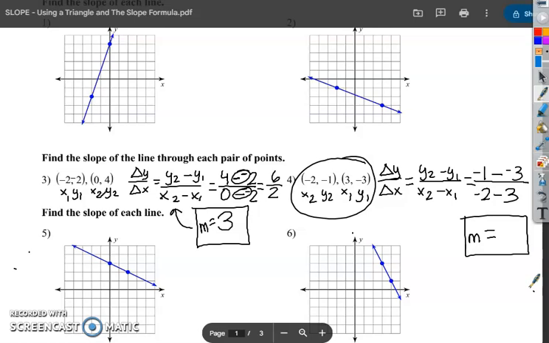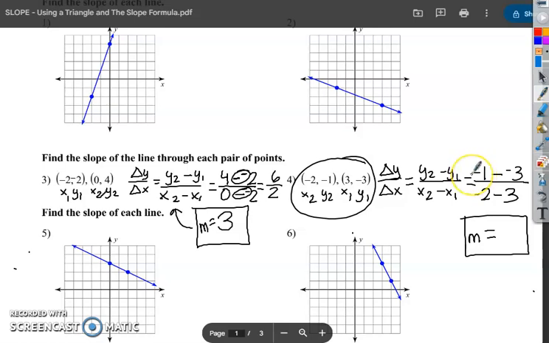I want you to try to get this into your calculator. If you are struggling, just do it in parts. You can figure out the top, figure out the bottom, and then divide. It's perfectly fine. But if you can't get it correctly on the calculator, I would do it in parts.